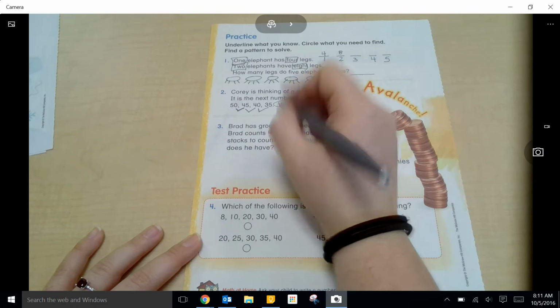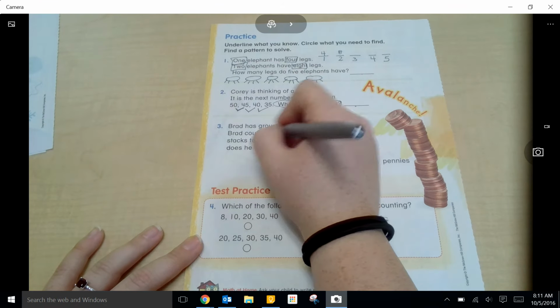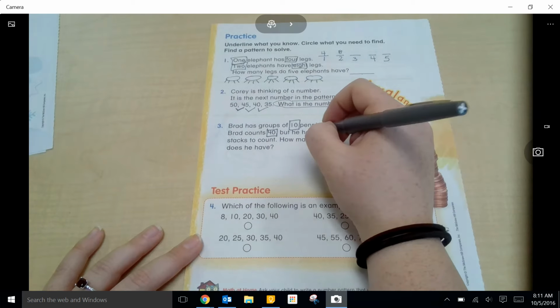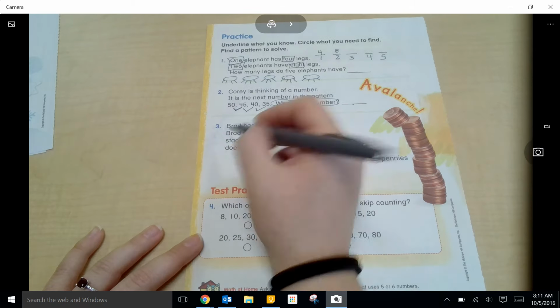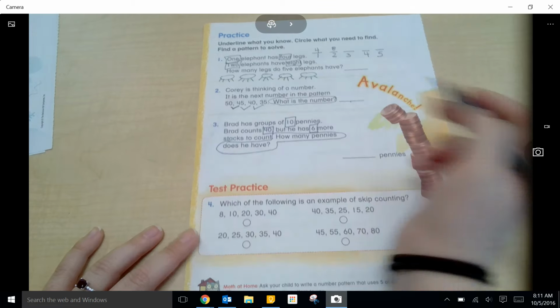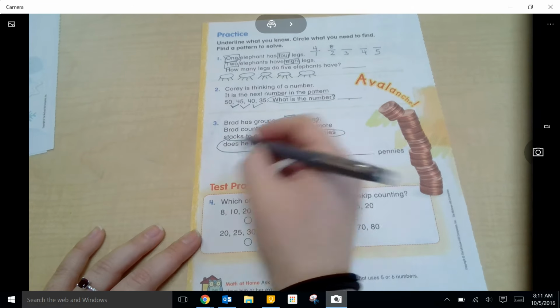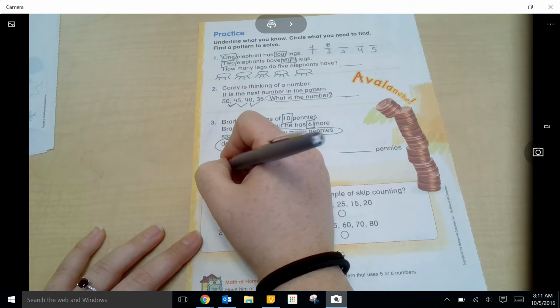Brad has groups of 10 pennies. Brad counts 40, but he has 6 more stacks to count. How many pennies does he have? So we know each stack has 10.